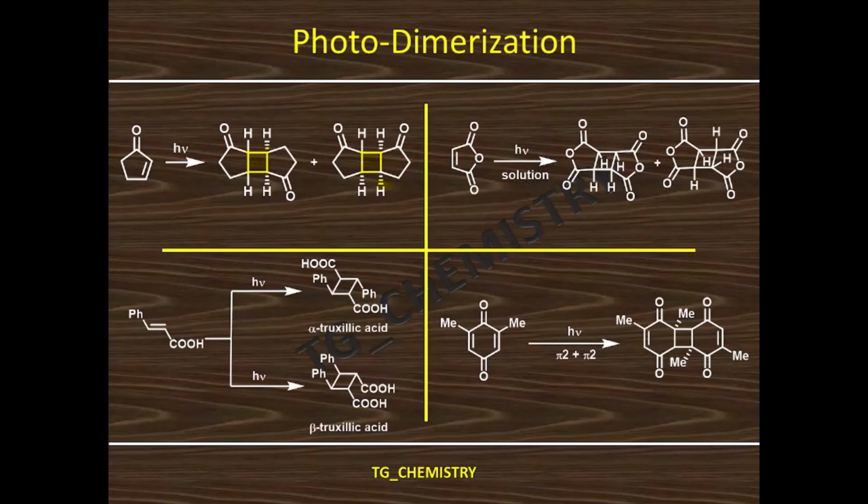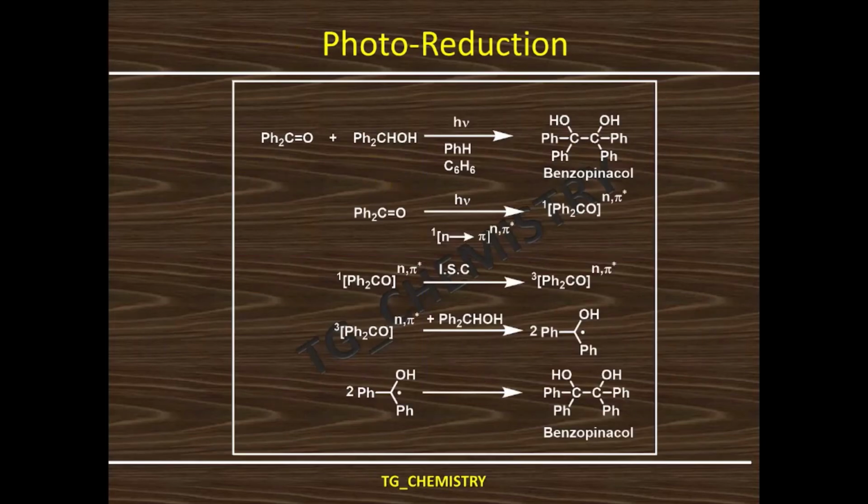This again on pi2 plus pi2 cycloaddition reaction under the photochemical light forms the dimer, and here also you can find the cyclobutane ring in the molecular skeleton. So these are examples of these photochemical reactions, and then I will talk about the photoreduction.